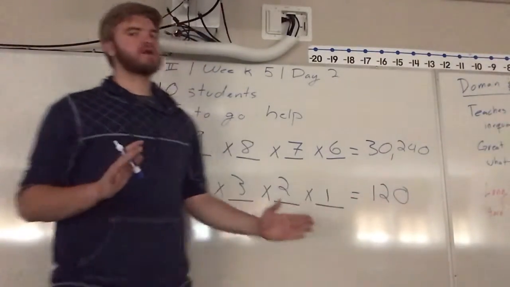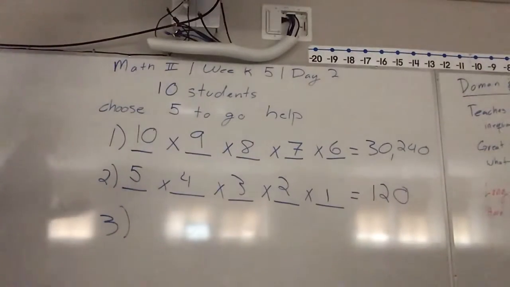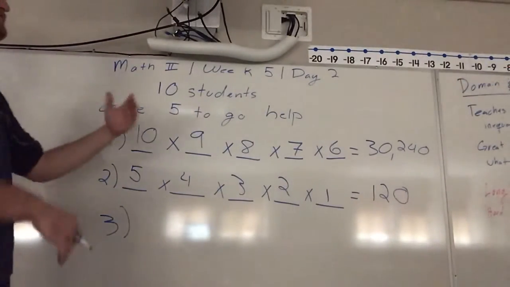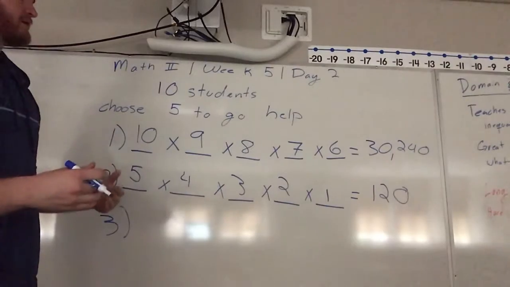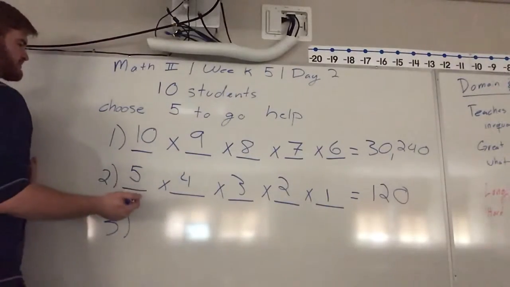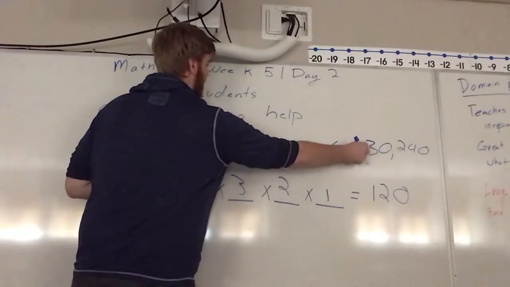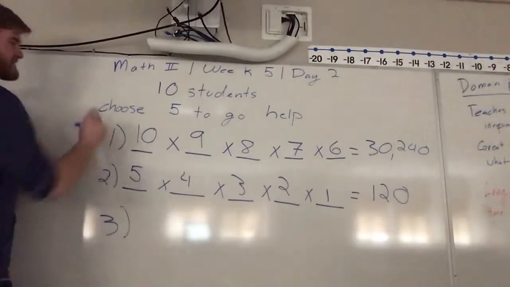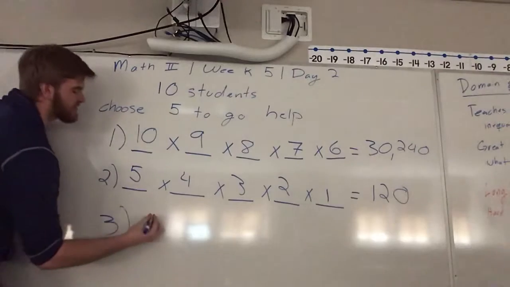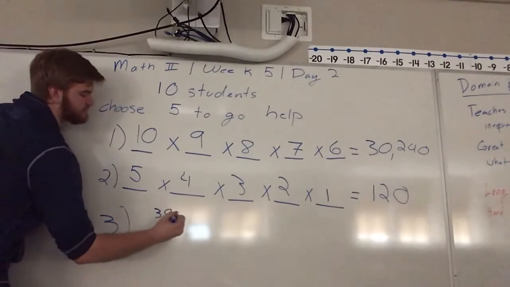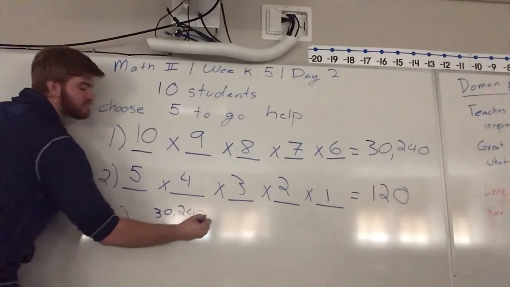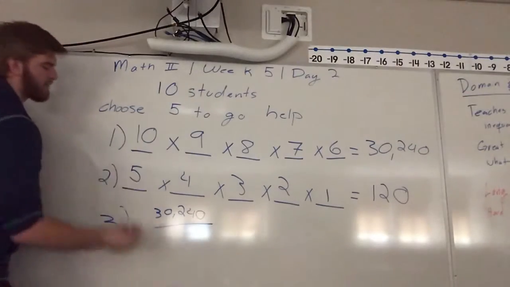Now, I don't want all 120 of those, I only need one of them. And that works for every unique group. So that means that there's 120 times too many counted in here. So we're going to take step 1, which was 30,240, and divide it by 120.